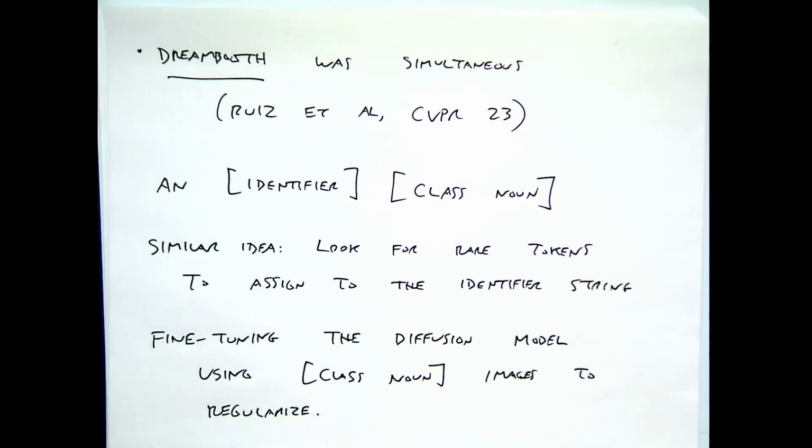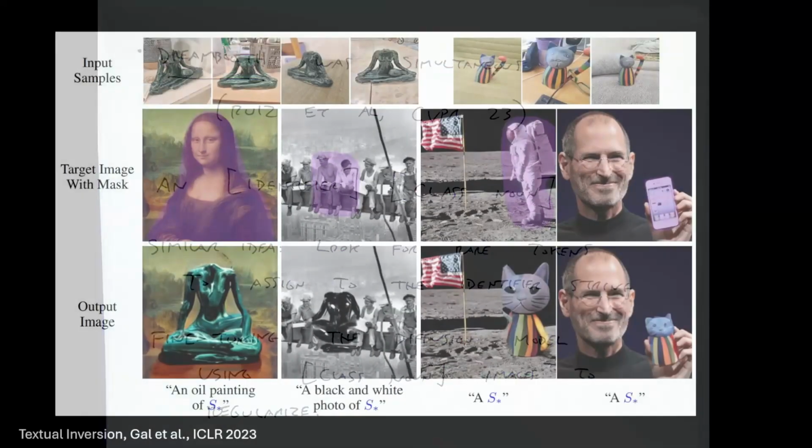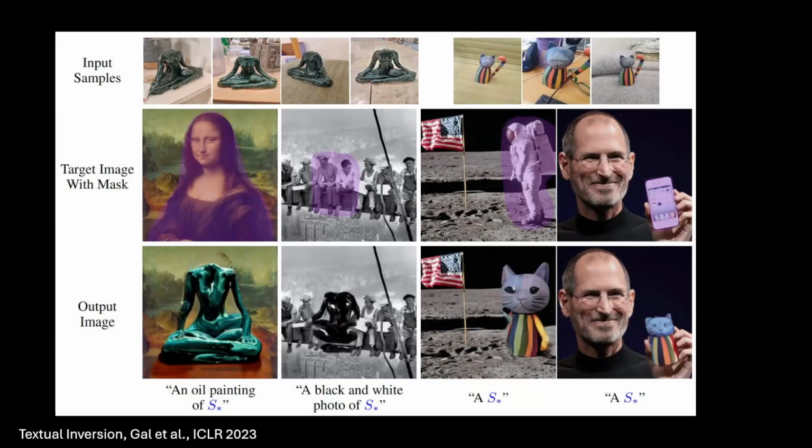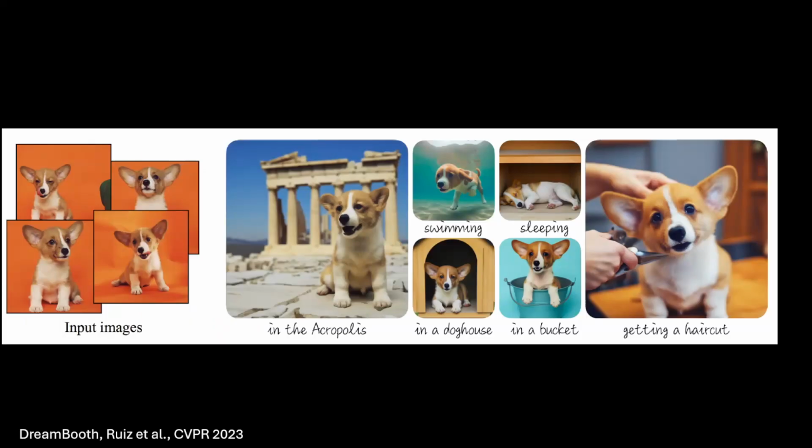And the claim is that it trains much faster, and of course, this depends on your machine. It also produces better images. That was the claim.